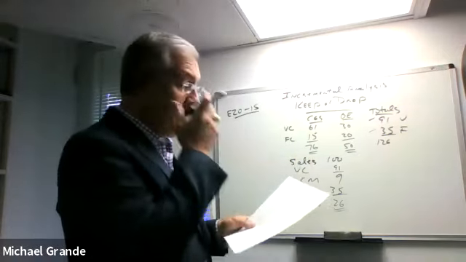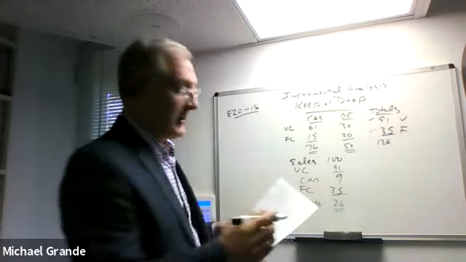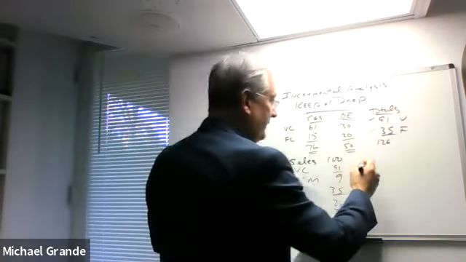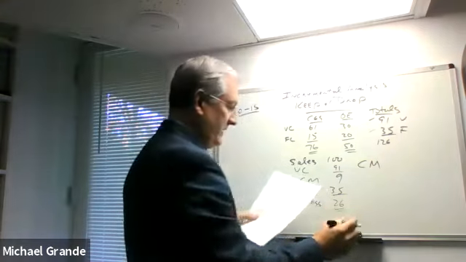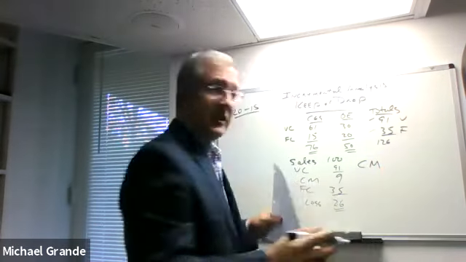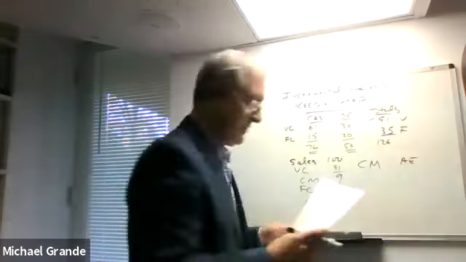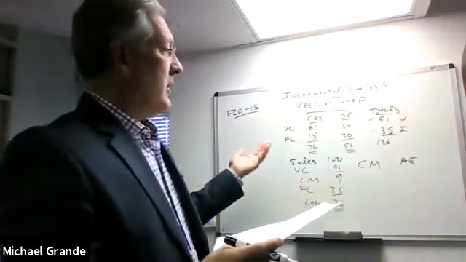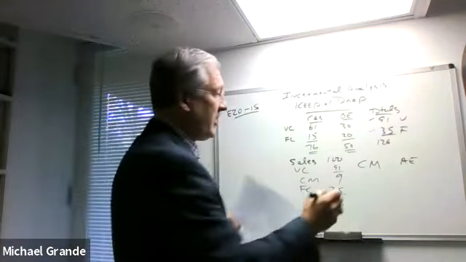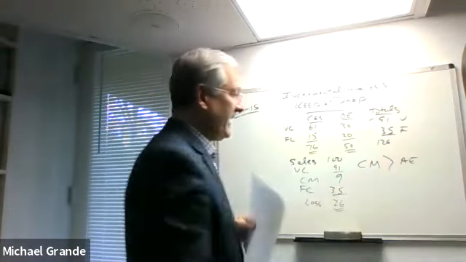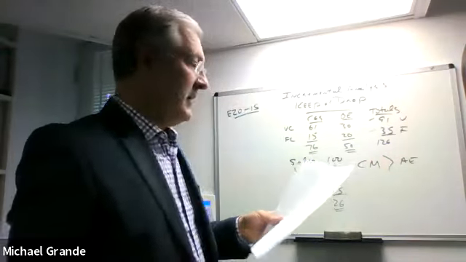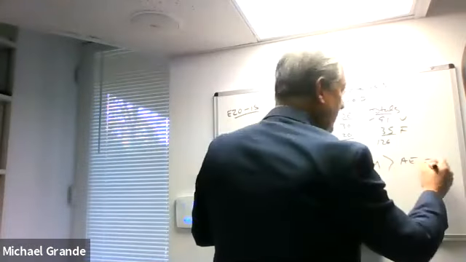So what's important to remember, the way I like to look at this, is that you need to look at the contribution margin given up versus the avoidable expenses. If the contribution margin given up is greater than the avoidable expenses, you want to keep.